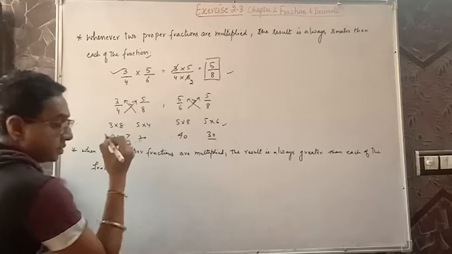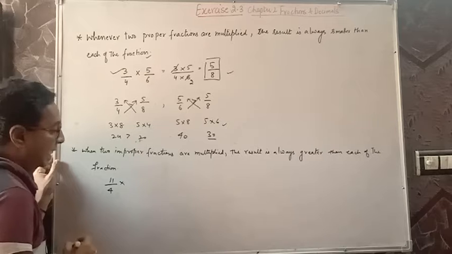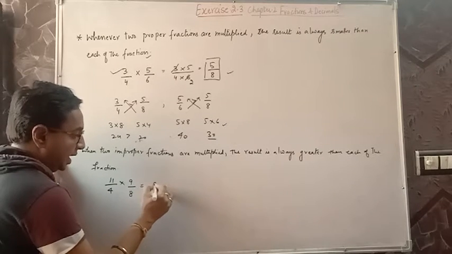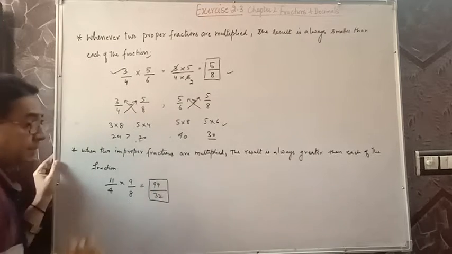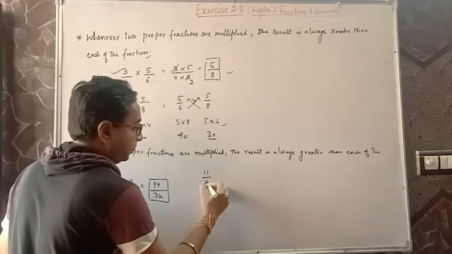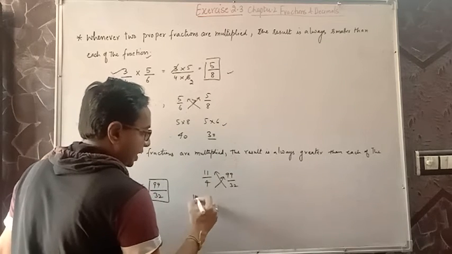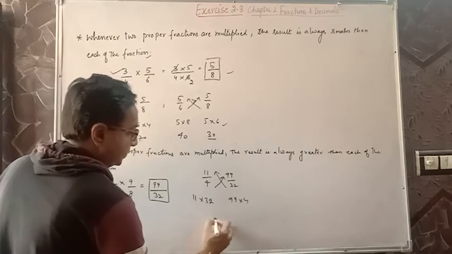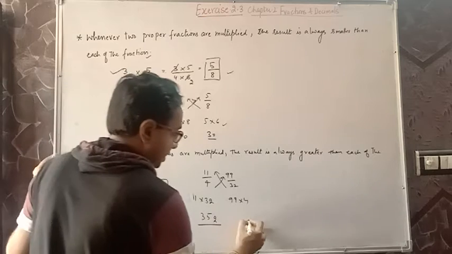Let's observe this. For example, 11 by 4 multiplied with 9 by 8. If we compare, I get 99 upon 32, right? Let's compare 11 by 4 and 99 by 32. If I compare 11 into 32 and 99 into 4, it is 352 and 396.